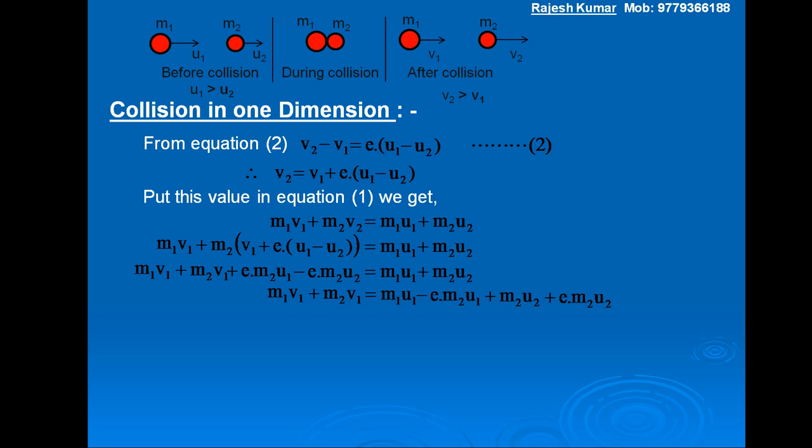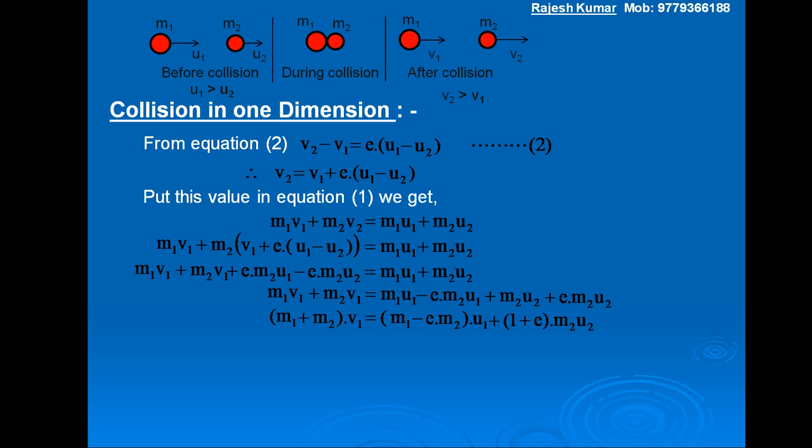Now in the left hand side, v1 is common. So we get (m1 plus m2) within the bracket into v1. This is equal to (m1 minus E into m2) into u1, that is taking u1 common, plus (1 plus E) into m2 u2, common.